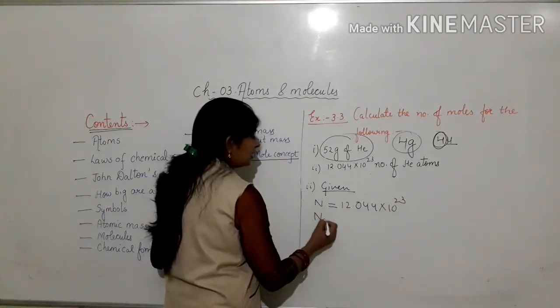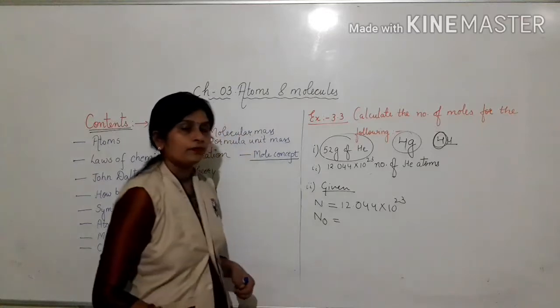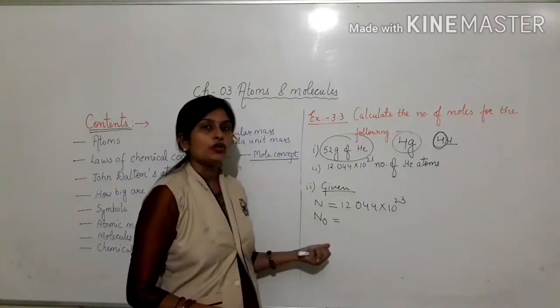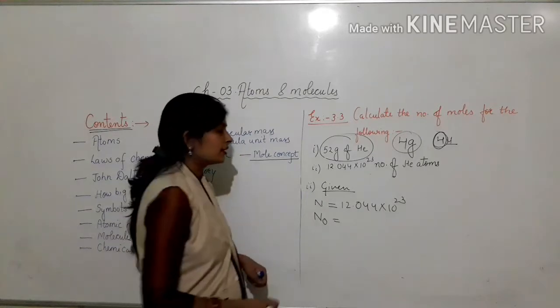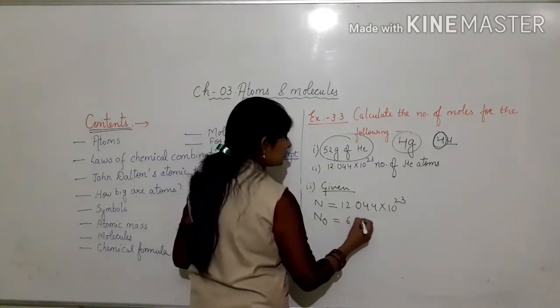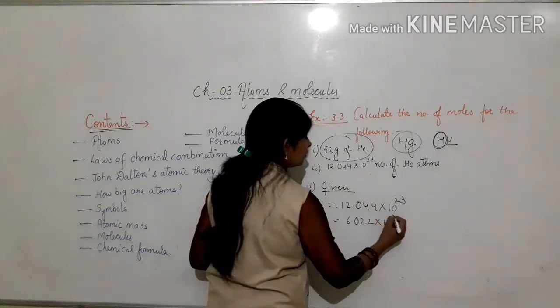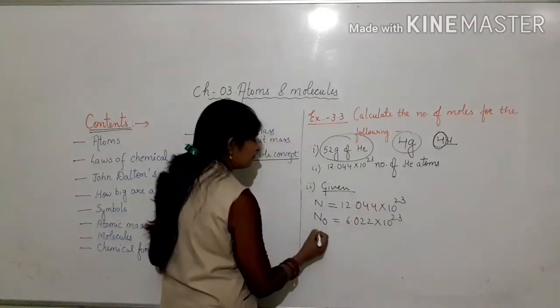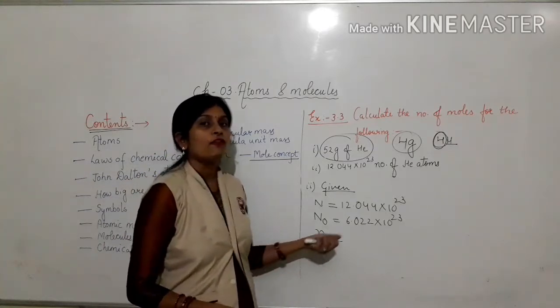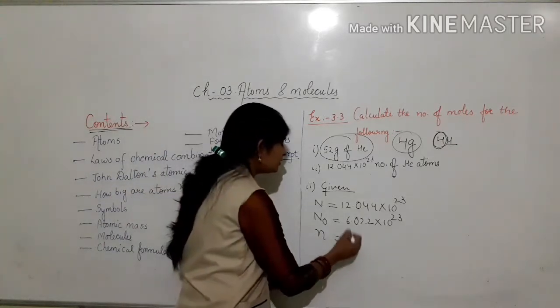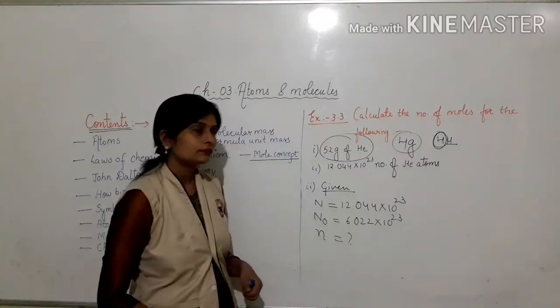Okay, and N naught, meaning Avogadro constant or number, is equal to 6.022 × 10^23. And we have to calculate the number of moles, denoted with small n.